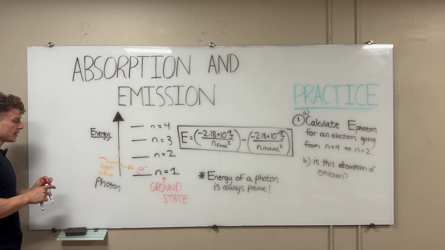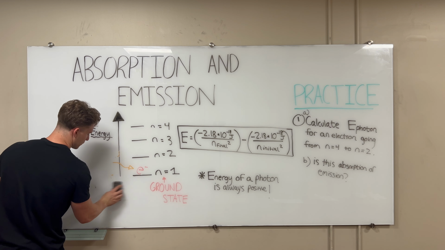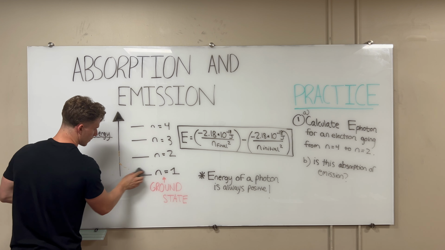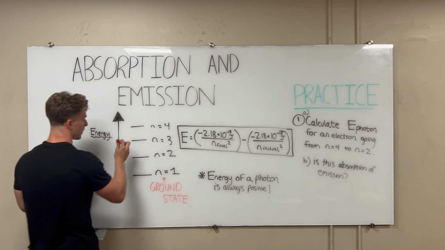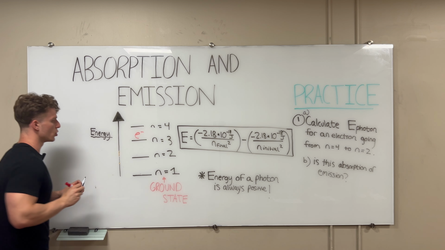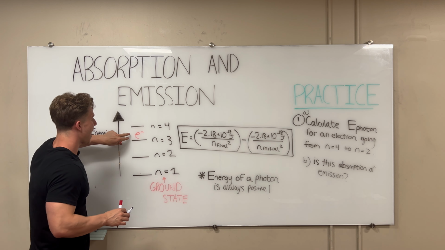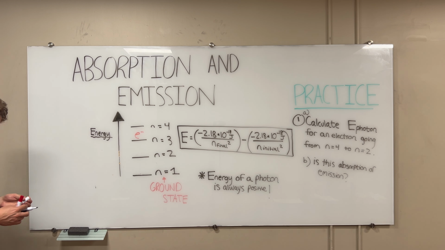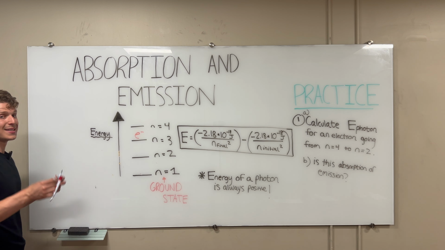Now, let's say we're back to our second example where we had an electron in the n equals 3, and we were trying to get it to the n equals 2. We know we are doing emission here. We're going from a higher energy level to a lower energy level. Whether you're doing absorption or emission doesn't matter.